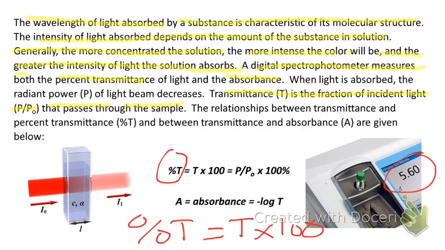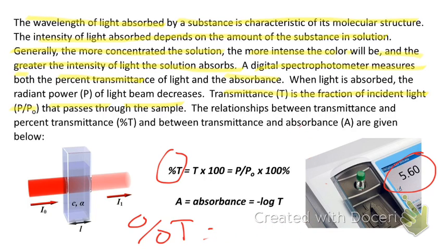And the transmittance, T, remember, is just equal to the power, or the intensity of the light that is not absorbed, over the power or the intensity of light before it's absorbed. And that's all it's going to do, give us that ratio.